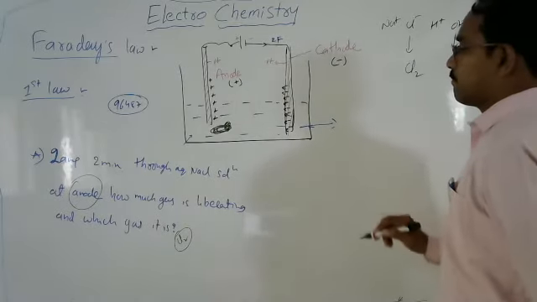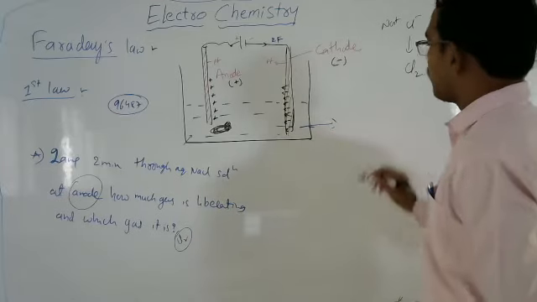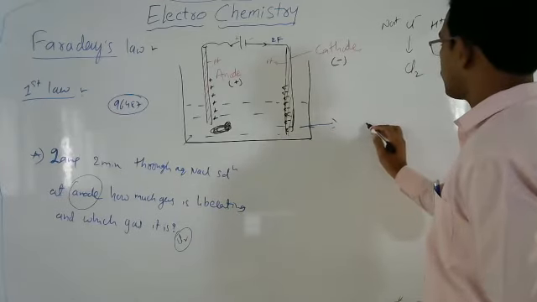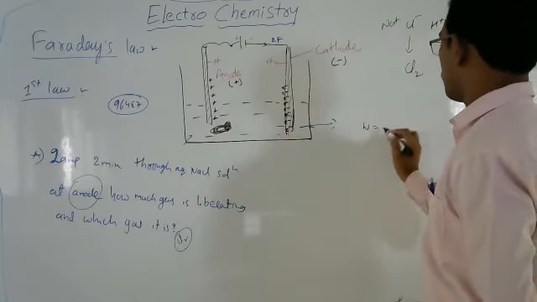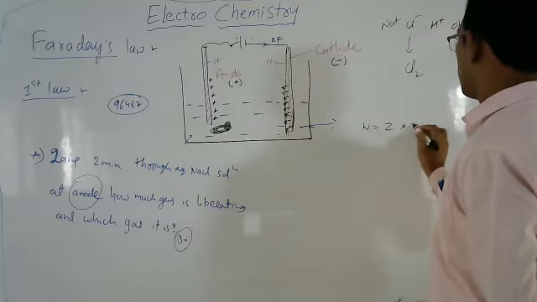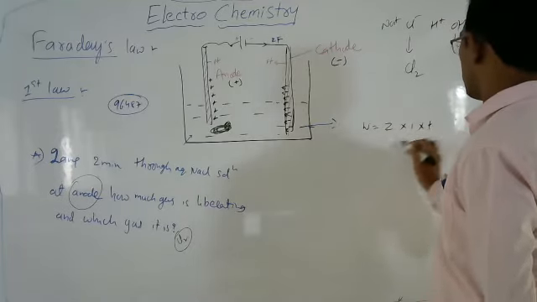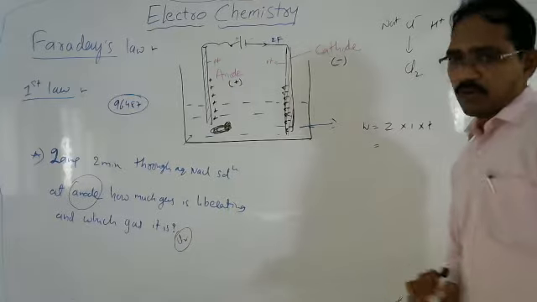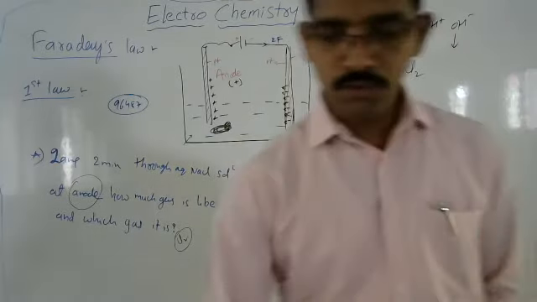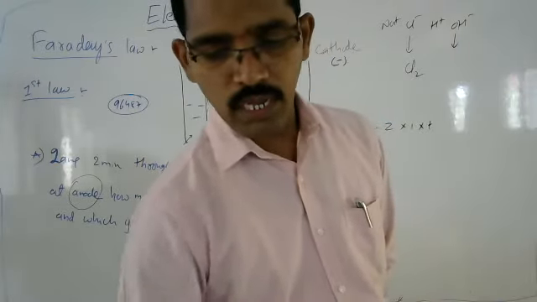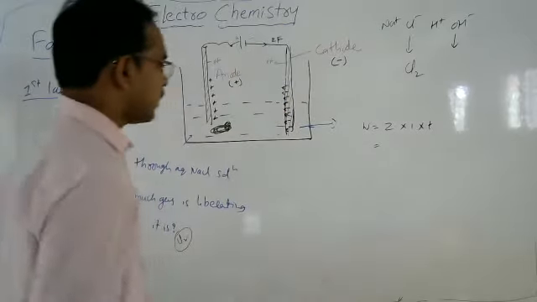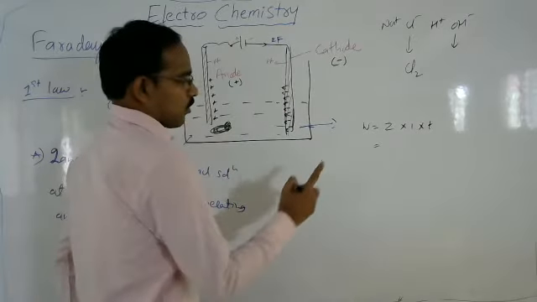Then see, the quantity W equals Z I t. Z value we don't know, but we can calculate what Z is.